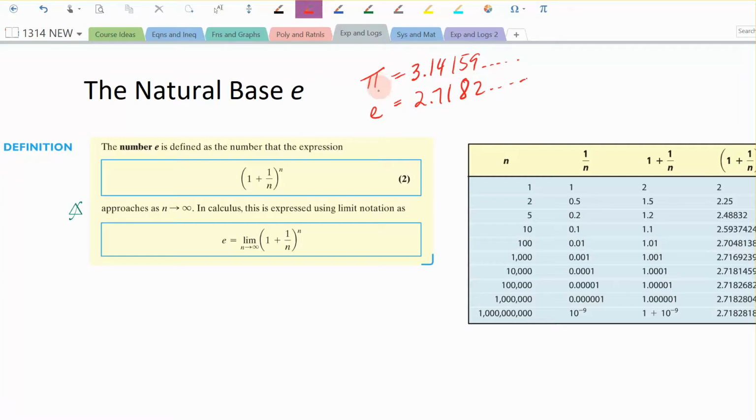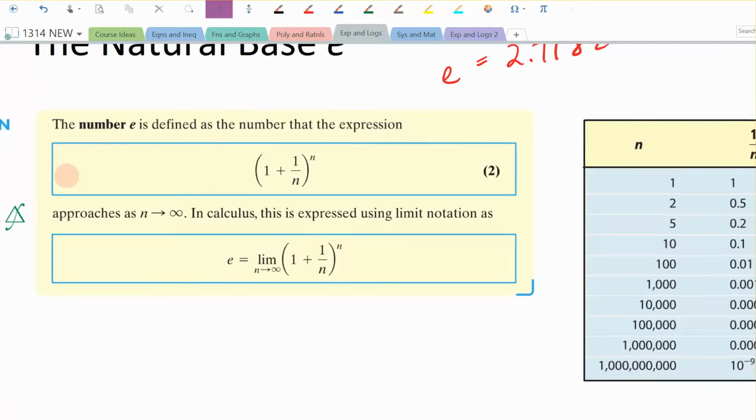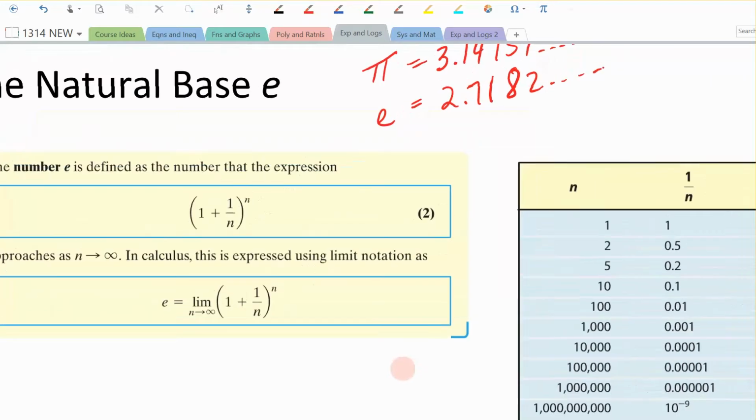And e comes from this expression right here. If I take 1, add it to 1 over some value n, and raise the whole summation to that same number n, I'm going to get really close to this value, 2.718.